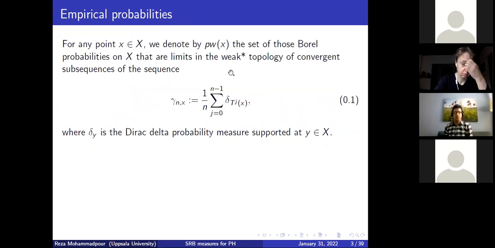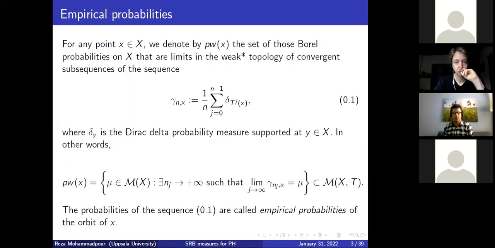For any point x belonging to the compact manifold X, we denote by P(x) the set of accumulation points of the sequence of empirical probabilities. I mean this sequence γ_n(x), which is (1/n) Σ from j=0 to n-1 of δ_{T^j x}, where δ_y is the Dirac delta probability measure supported at y.